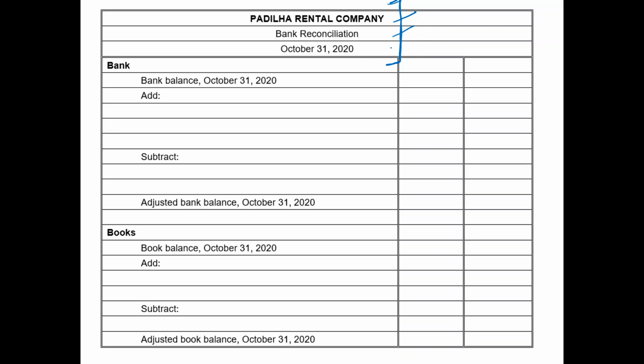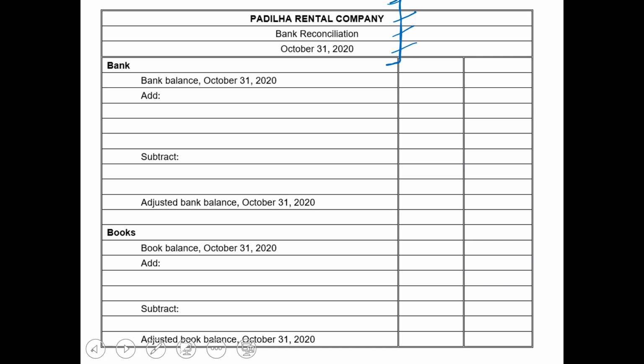It's the bank rec, and this is the date. And here I've got the bank portion above, books portion below. It's fine if you do it side by side. Either works as long as you're keeping them separate and you have the two portions separated out.